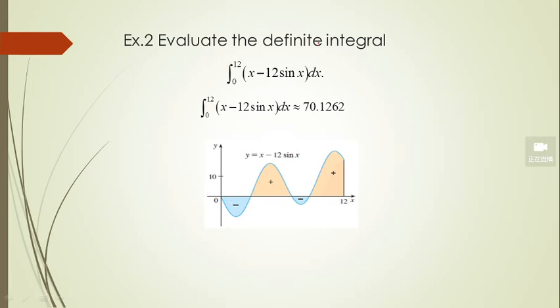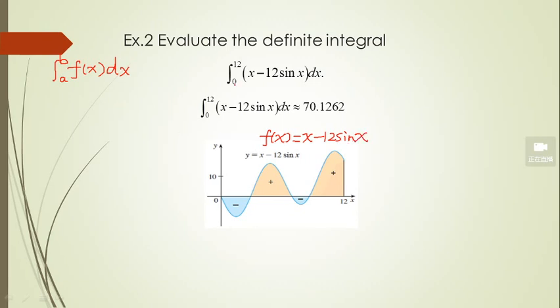This is the definite integral from a to b of f(x) dx. Here my integrand f(x) is x minus 12 sine x. That is what the curve shows.